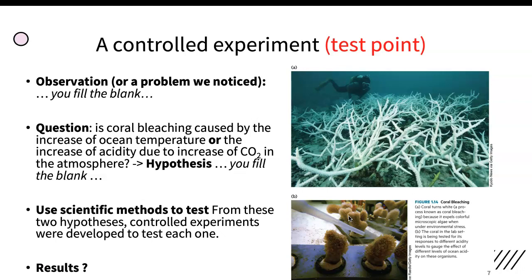Okay, if they are dying, then your experiments are wrong. So in the test group, okay, with the increase of the temperature, you will observe if the coral reefs are dying or not. So that's one example.